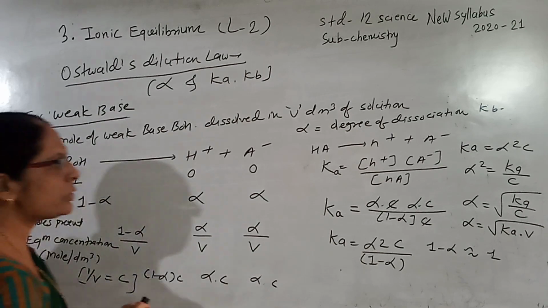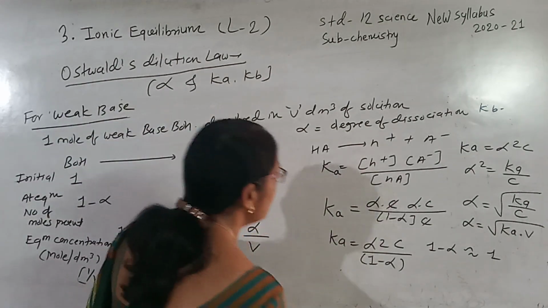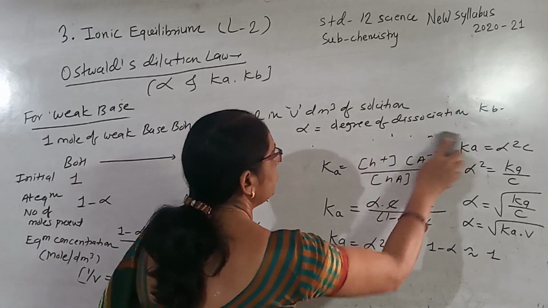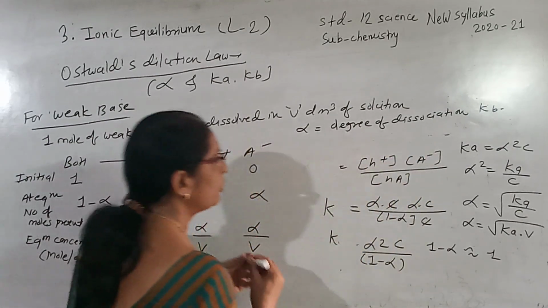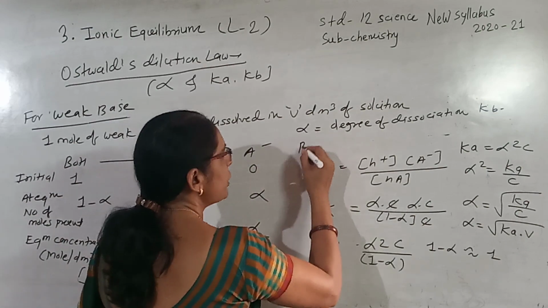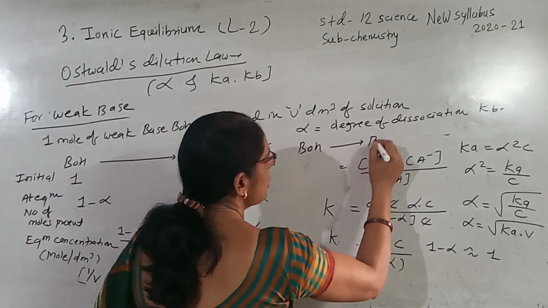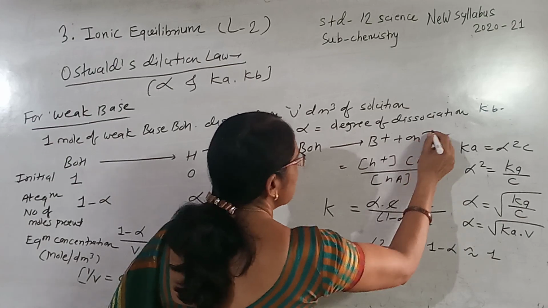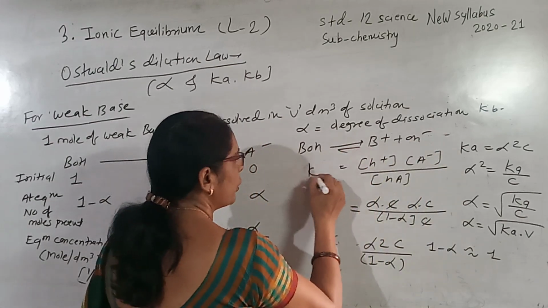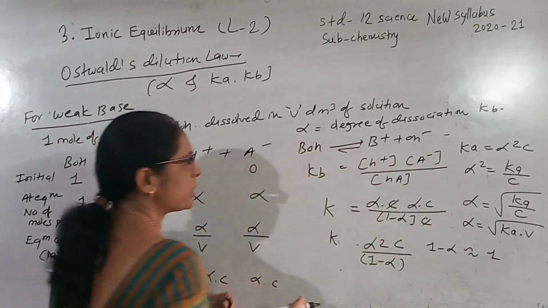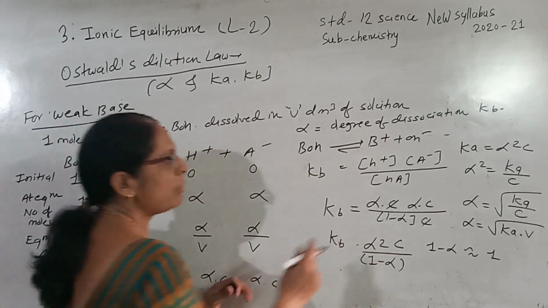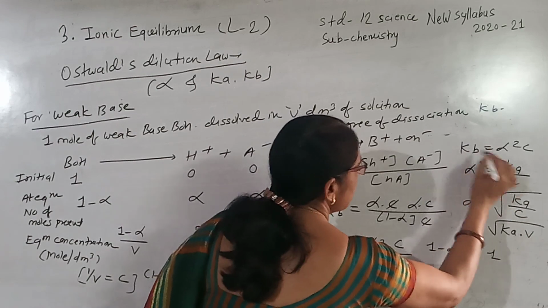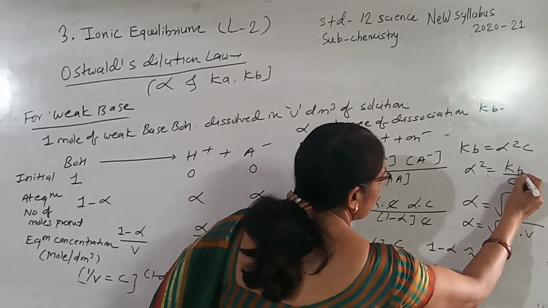I put these values in the same formula I considered for the acid, but instead of Ka, now I use Kb. BOH is a base which can be partially dissociated as B plus and OH minus. The same relationship is obtained as for the acid.